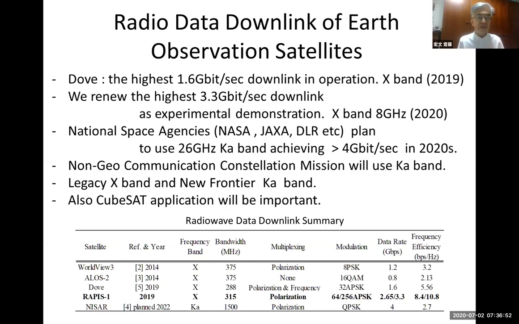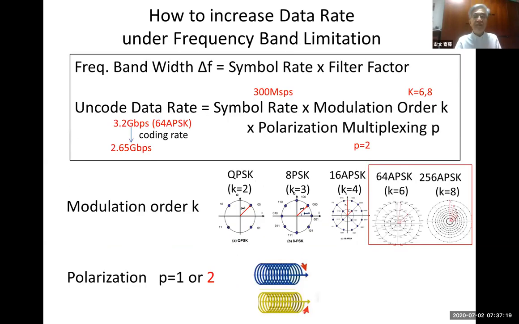So now the legacy X band versus new frontier Ka band is appearing in the satellite communication field, and also CubeSat application will be important. And this slide showed how to increase data rate under frequency band limitation.